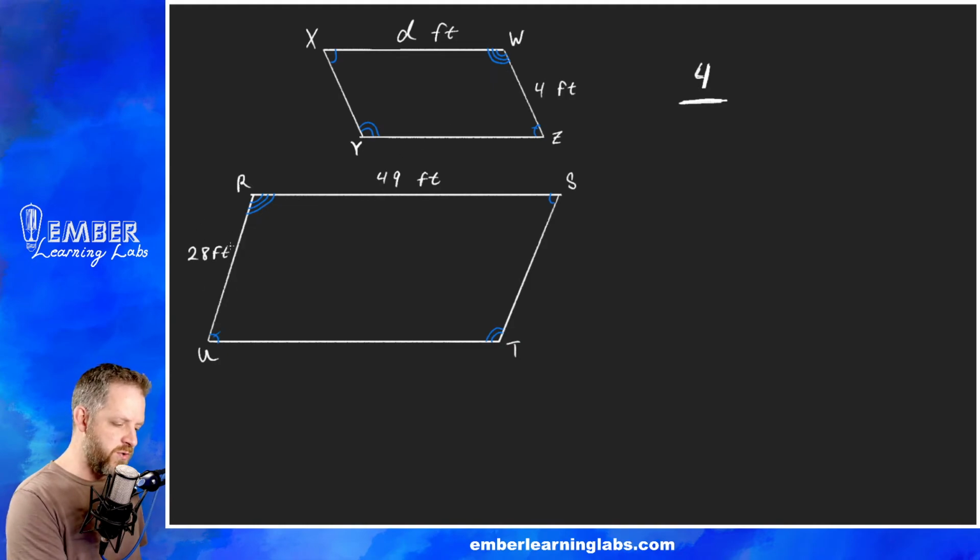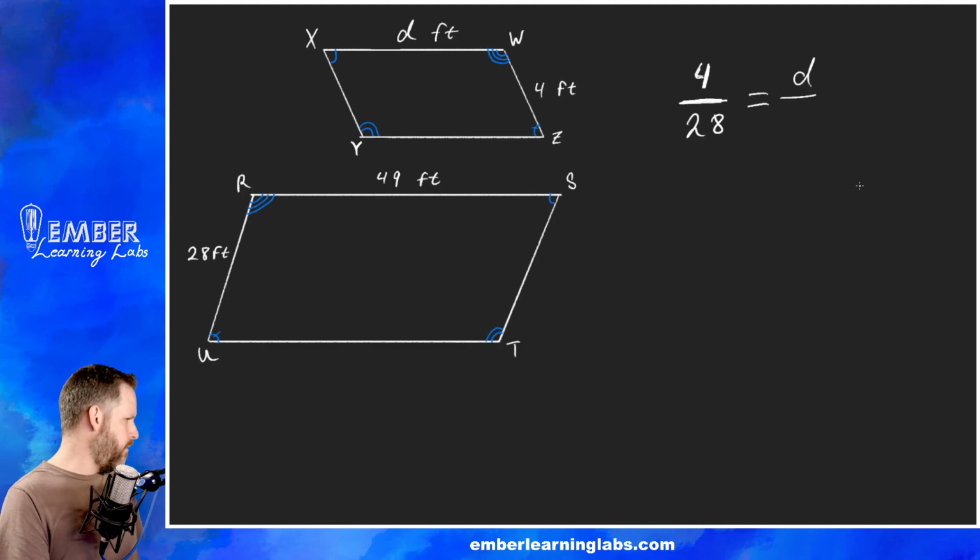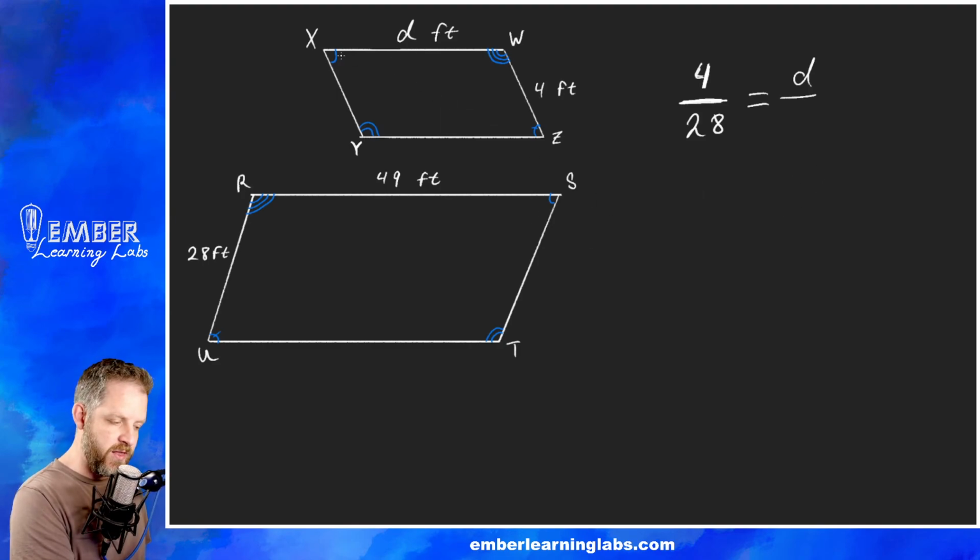So 4 to 28 equals D, because that's a little quadrilateral, D to 49. D is between the single and the triple, so D to 49. So now we've got a setup: similar figures, setup proportion from the similar figures.